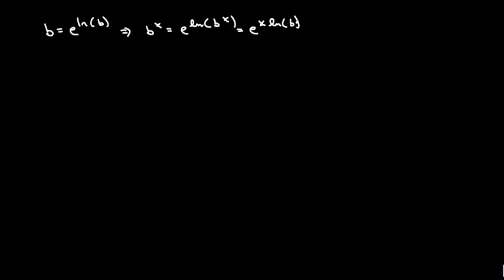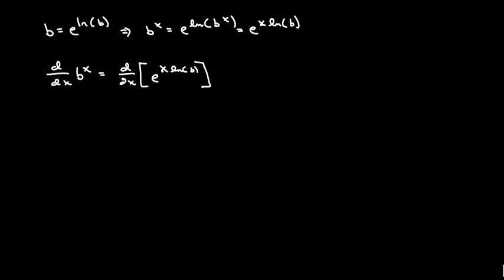So now what we can do is our differentiation. Let's say we want to differentiate b to the x. Well, that is just differentiating this guy, e to the x natural log of b. But now we know what the derivative of this is, so we're going to use our chain rule.